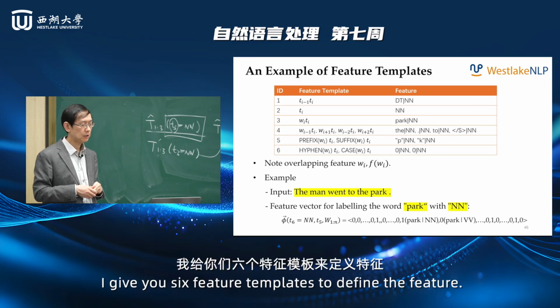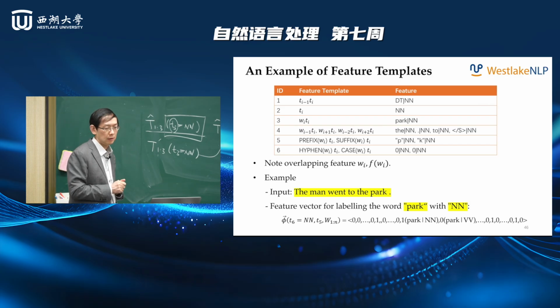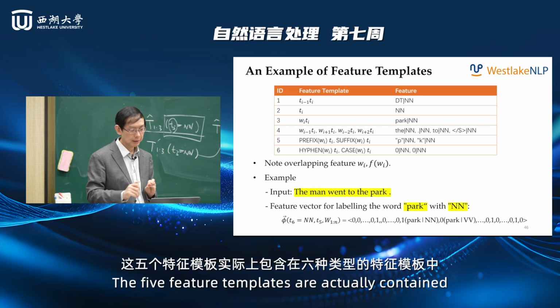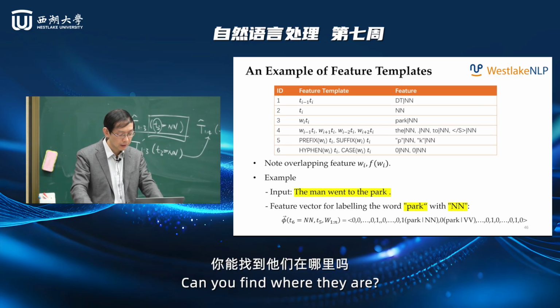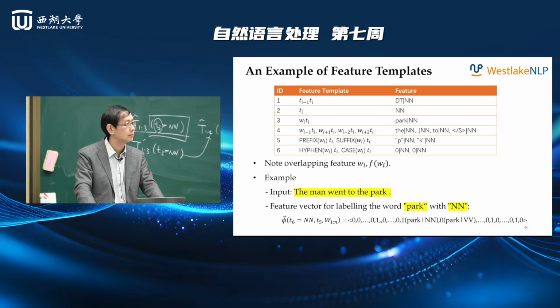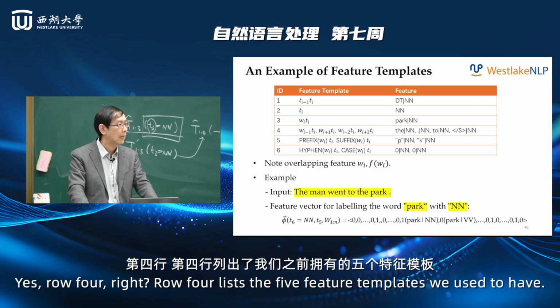I give you 6 feature templates to define the features. Now it's even more than the 5 feature templates I showed you earlier. The 5 feature templates are actually contained in these 6 types of feature templates. Can you find where they are? Yes. Row 4. Row 4 lists the 5 feature templates we used to have.